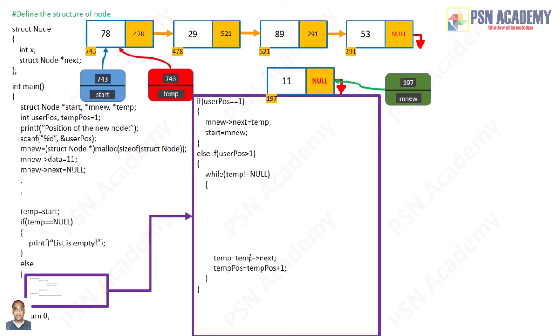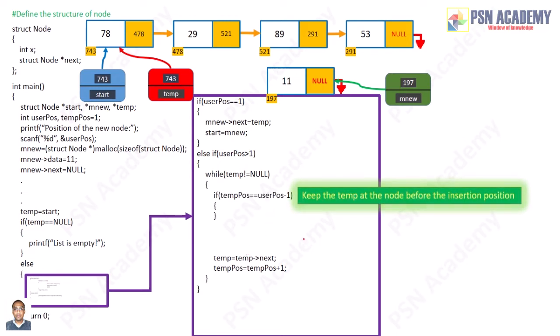Now before doing that, there will be the if condition here, that whether the temp position is one step behind the user position or not. For example, the user wants to insert the new node in the fourth position, that means here.